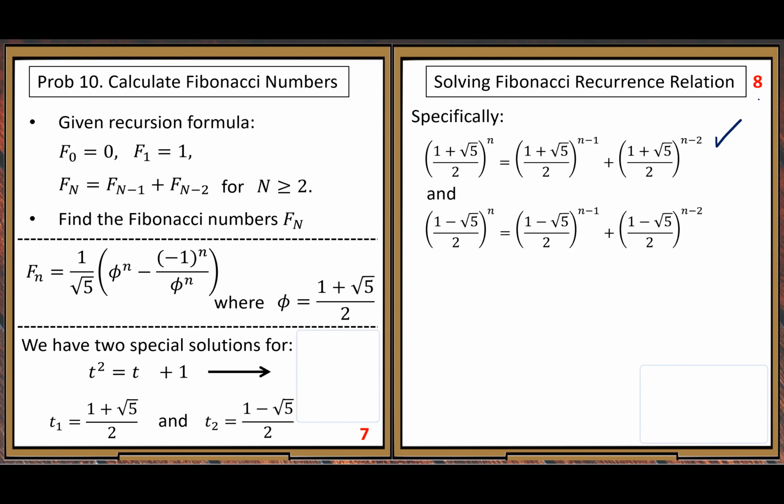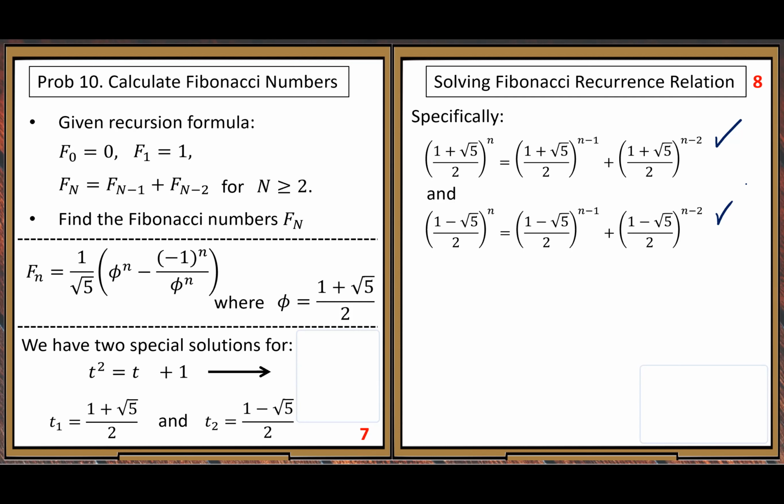If we plug in t2, we also have this identity. These are two correct equalities. The next step is to find a new solution that satisfies the given initial condition.